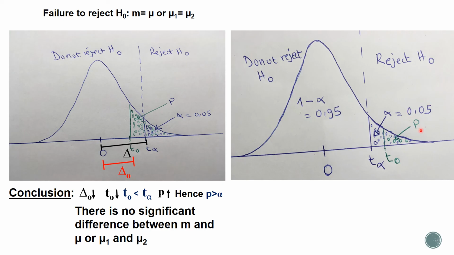So at that point, we can say the difference is significant. If the difference is significant, then we have to reject the null hypothesis, which is saying that the difference is insignificant at a risk of 0.05.